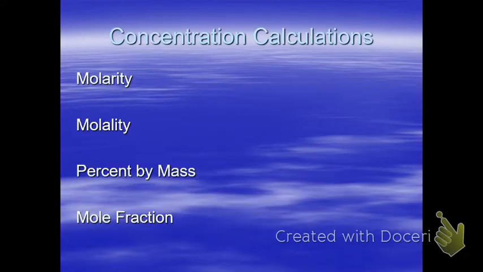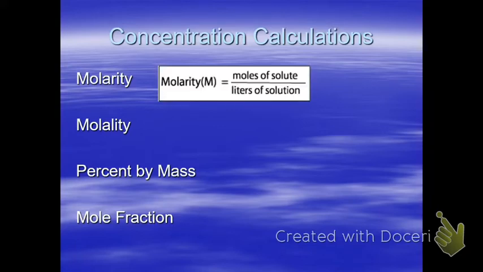So on the note sheet that hopefully you have in front of you, at the top of the page are these four concepts that I just talked about, and their formulas are there. I know we've already talked about molarity, but it's worth reviewing. Molarity is calculated by dividing moles of solute by liters of solution.